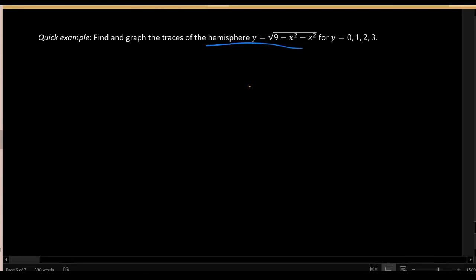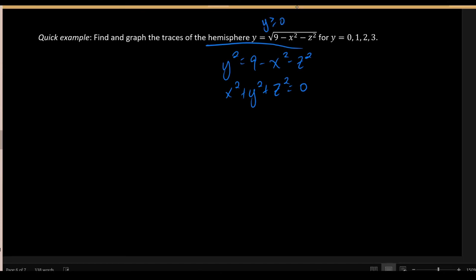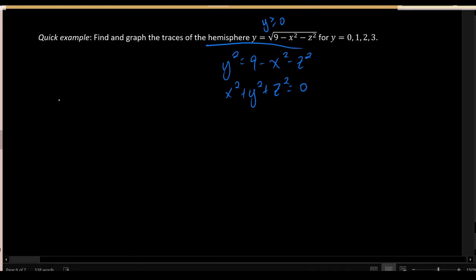It is related to the equation of a sphere, as you can see by squaring both sides and doing some rewriting. But it's only half of a sphere because this equation forces y to be greater than or equal to 0, because it's defined in terms of the principal square root, which is never negative. So the graph of this is a sphere, but only the half of the sphere with a positive y value.